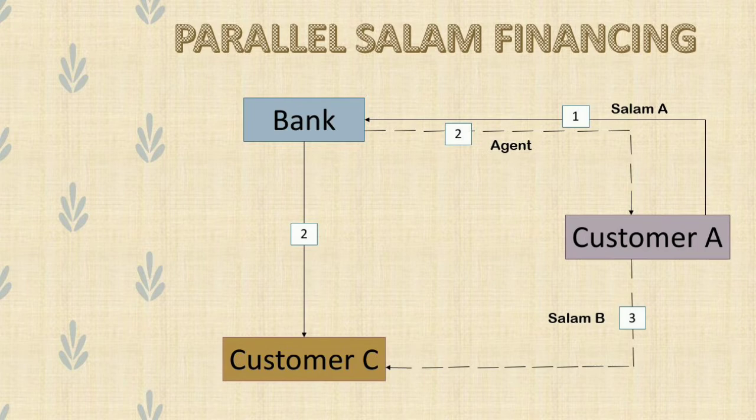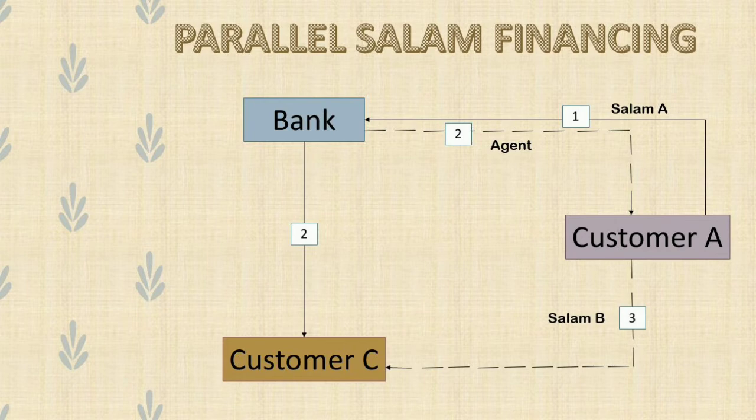Each one of these contracts must be independent of the other. They cannot be tied up in a manner that the rights and obligations of one contract are dependent on the rights and obligations of the parallel contract. Each contract should have its own force and its performance should not be contingent on the other.